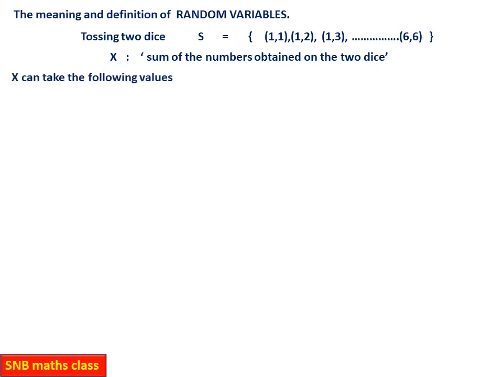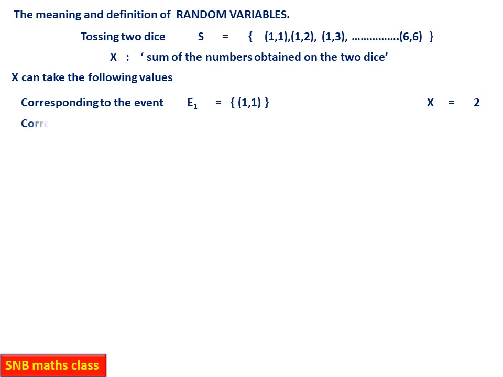Now you see here, X can take the following values. For example, the lowest value is 2. You can see here, corresponding to event E1, say 1 1, because there is only one possibility. So here the sum is 2, because we are talking not about the event but something special about the occurrence of the outcome, say the sum of the first number and second number.